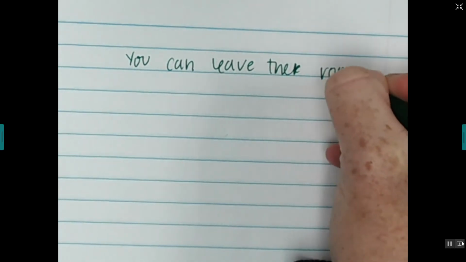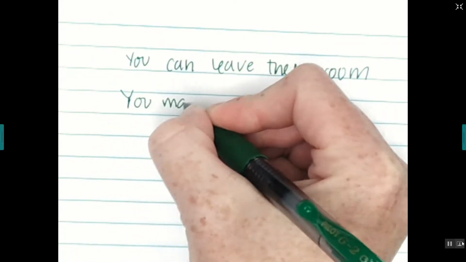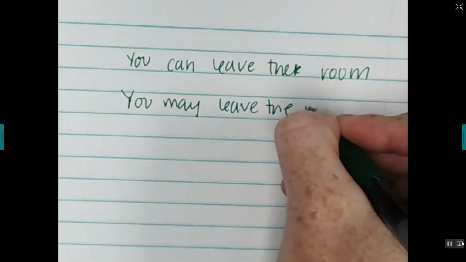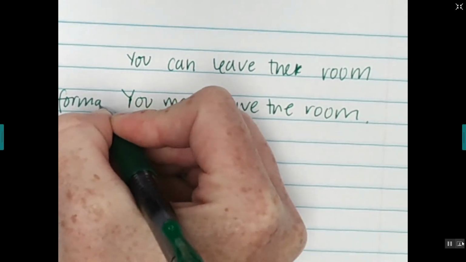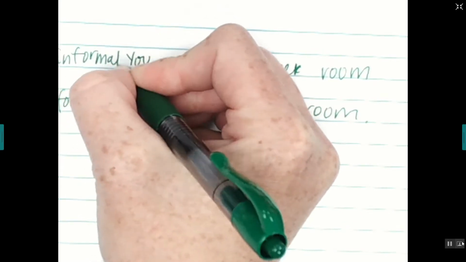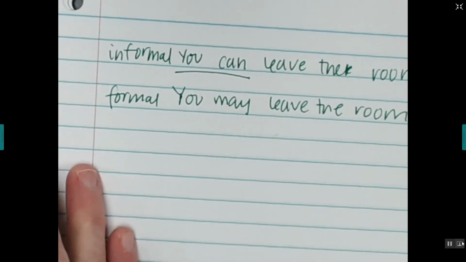But with may, it's going to be more formal. You may leave the room. Okay, so this one's more formal. This one is kind of informal. So this one you would use maybe with your friends or with your children, informal.